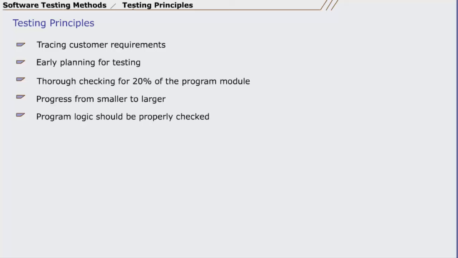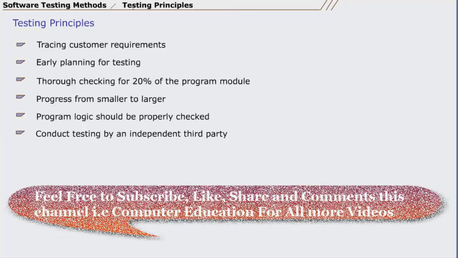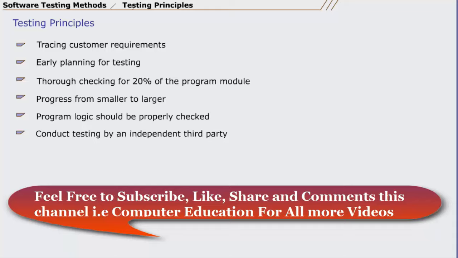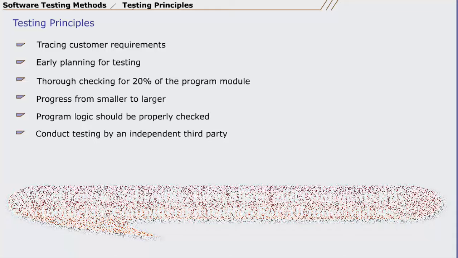Program logic should be properly checked, and it should be ensured that all conditions in the component level design have been exercised. To be most effective, testing may be conducted by an independent third party that is competent and is unaware of the development stages.